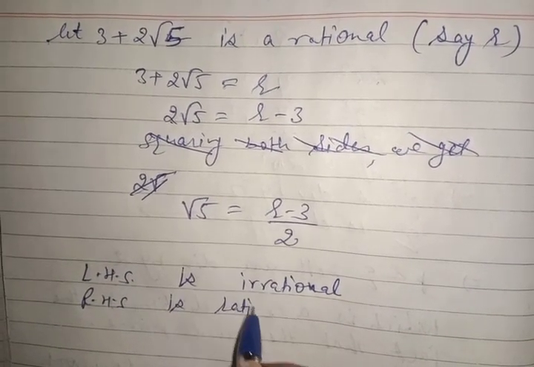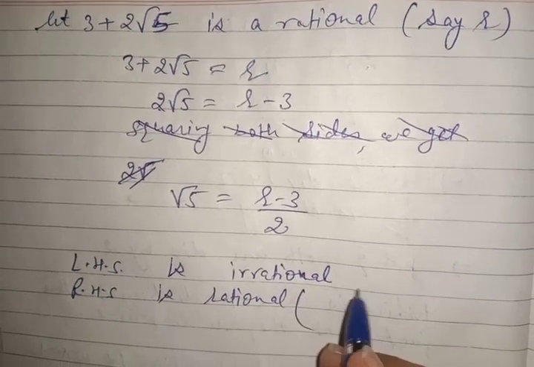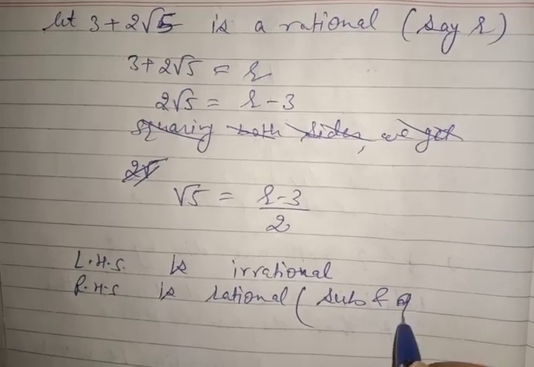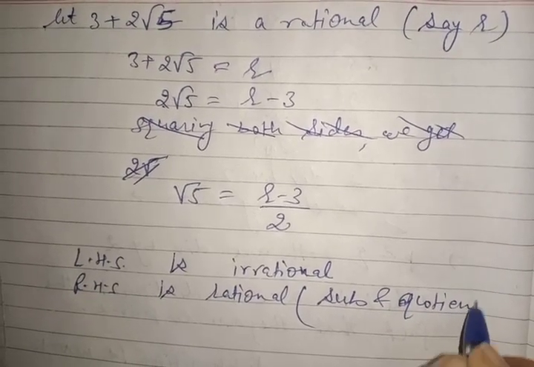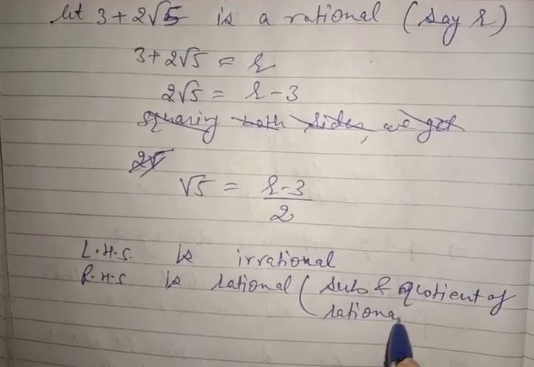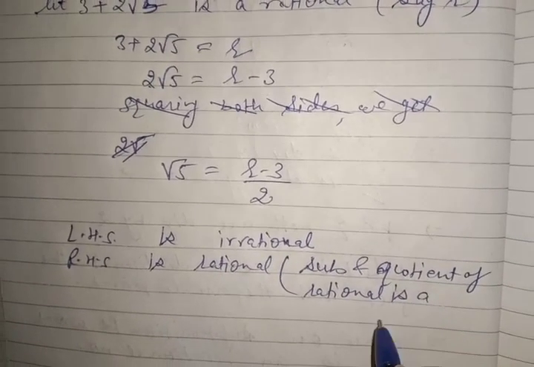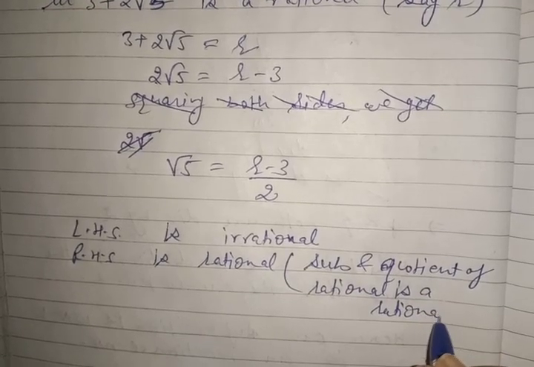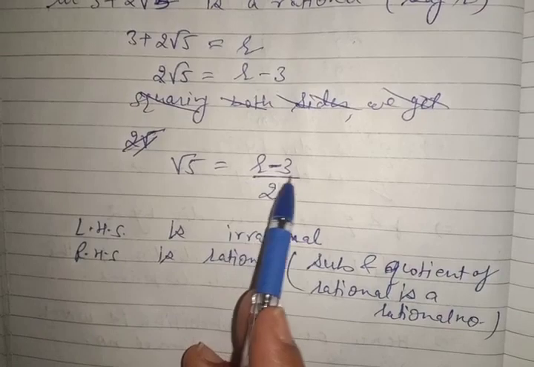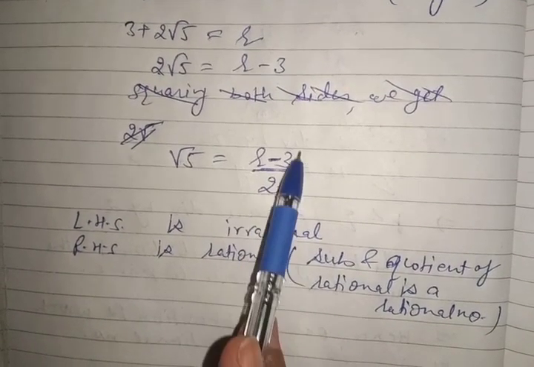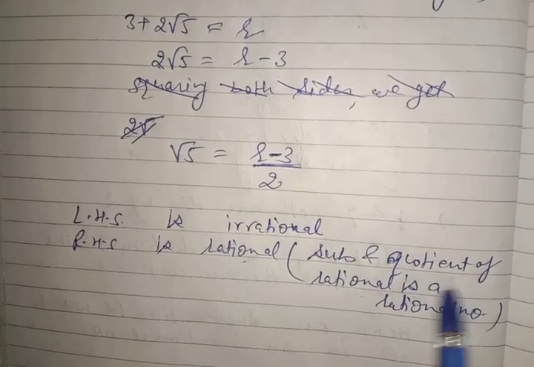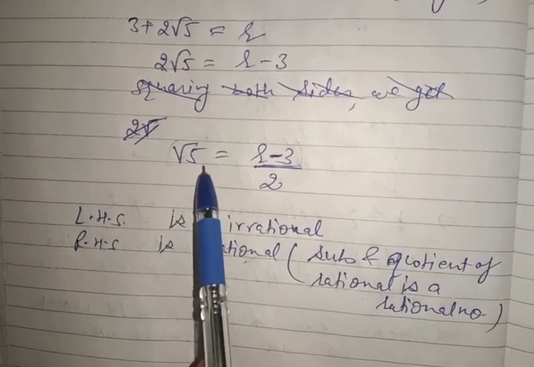Why rational? You will write in the bracket, because subtraction and quotient of rationals is a rational number. You can see here, this is subtraction and this is division. So we write the right hand side is rational, as subtraction and quotient is rational, and this is irrational.